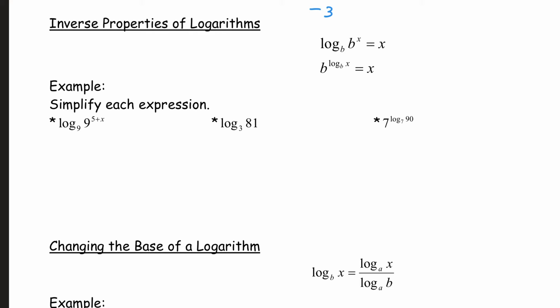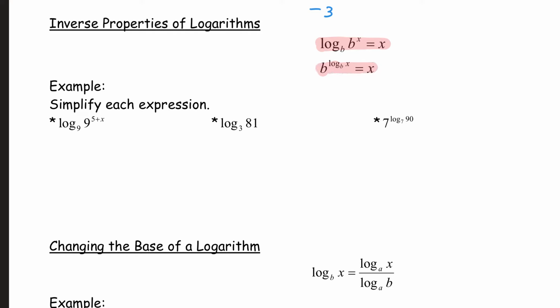The inverse property, you have two instances. You have a situation in which you have log base b of b to the x. And if that's the case, then what's that going to equal? It's going to equal x. The second scenario is you have a b that's raised to a logarithm with the same base, and that will still also be x.